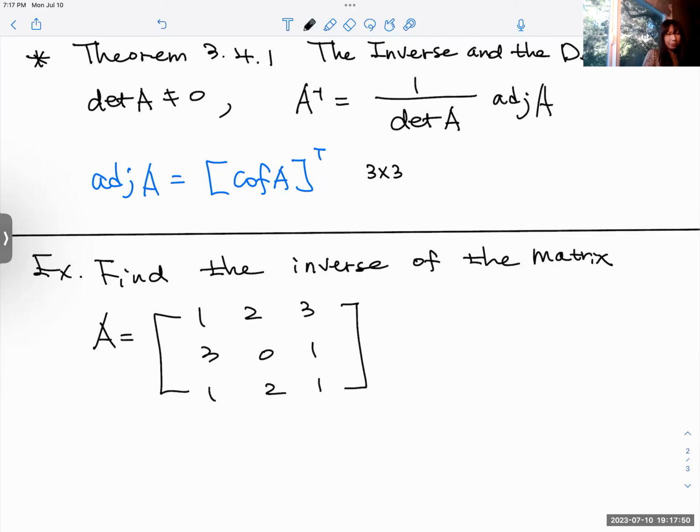So we are using this formula, 1 over determinant of A and the adjugate of A. The adjugate of A is also the transpose of the cofactor matrix of A. Let us do this one first.